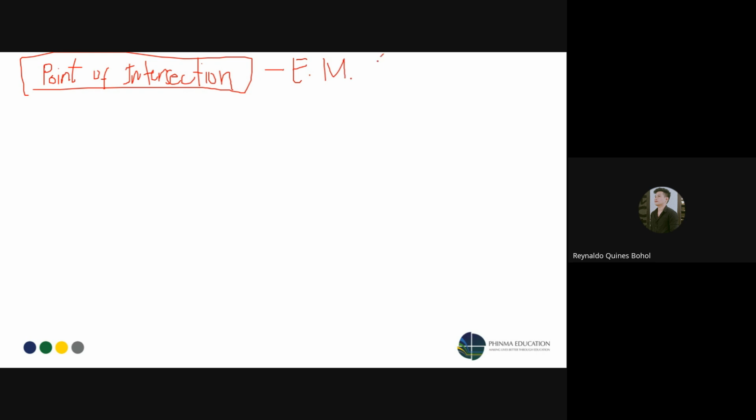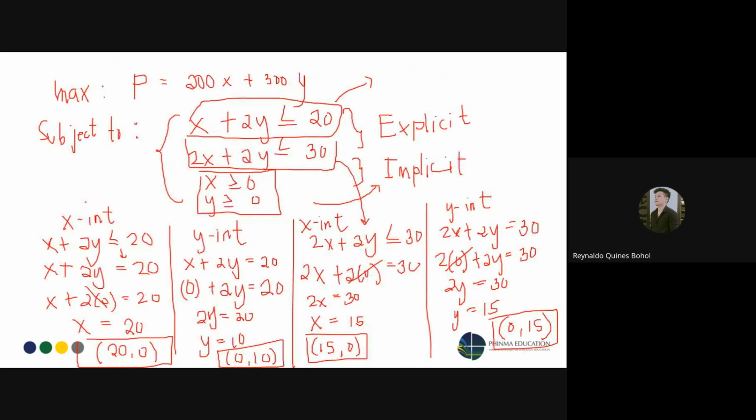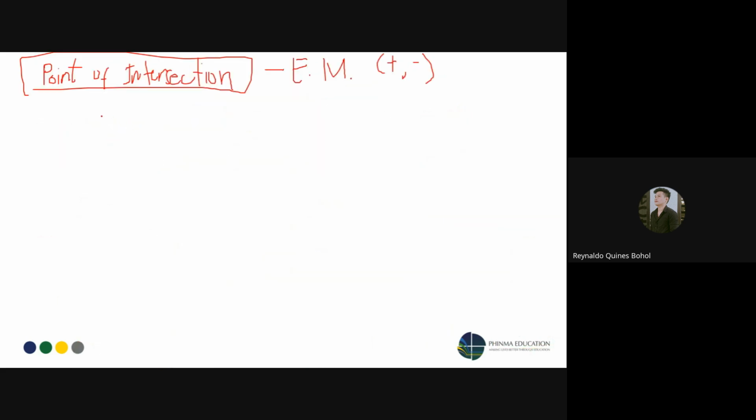It could be a plus or minus. The goal of elimination method is to have one variable or to eliminate one variable. So since our first equation here is x plus 2y equals 20, then 2x plus 2y equals 30.